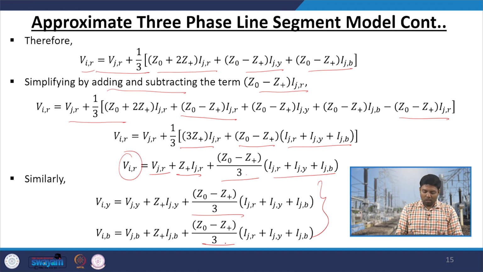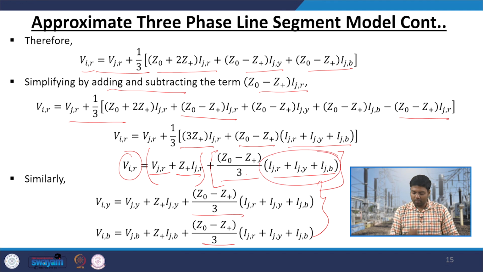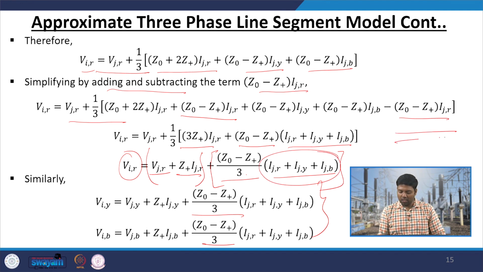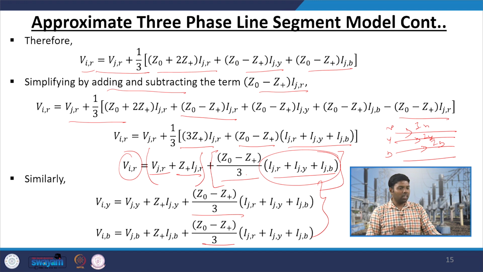Similarly, you will see the same effect in the Y phase and the B phase as well. So, now this portion is separate, this portion is separate. Now, what is this current? You have a 3-phase supply with a neutral. This is your R, this is your Y, this is your B. So, you have your IR, IY and IB phase currents. The sum of these is actually your neutral current.